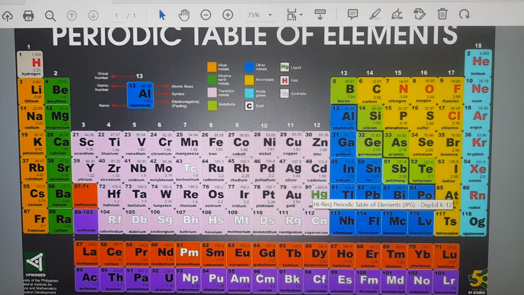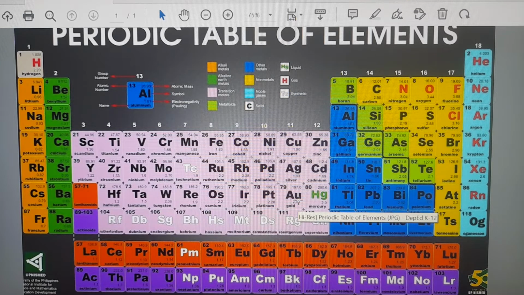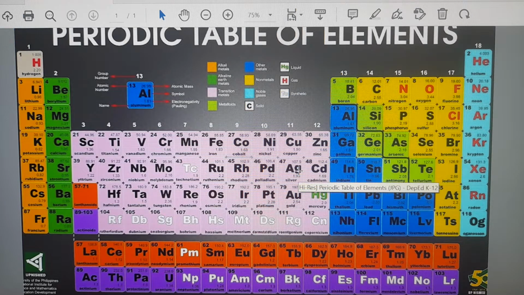Just give me a second. I will find gold for you in the periodic table. There it is, gold. You see gold? Element number 79 in the periodic table, and the symbol is Au. And silver, the symbol is Ag.